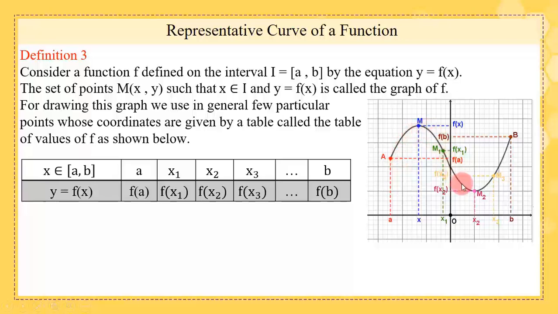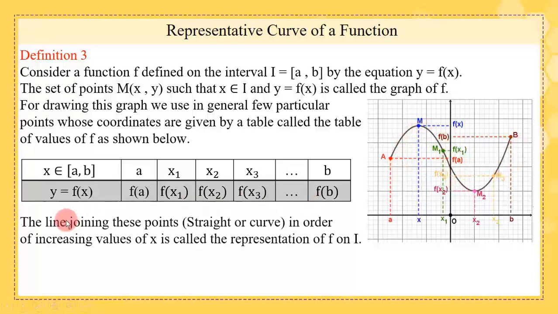After locating several particular points, now the line joining these points in order of increasing values of x is called the representation of f on I. After locating the points, when we want to join these points, we start from increasing values of abscissa. So we start from the smaller abscissa to the greater one.